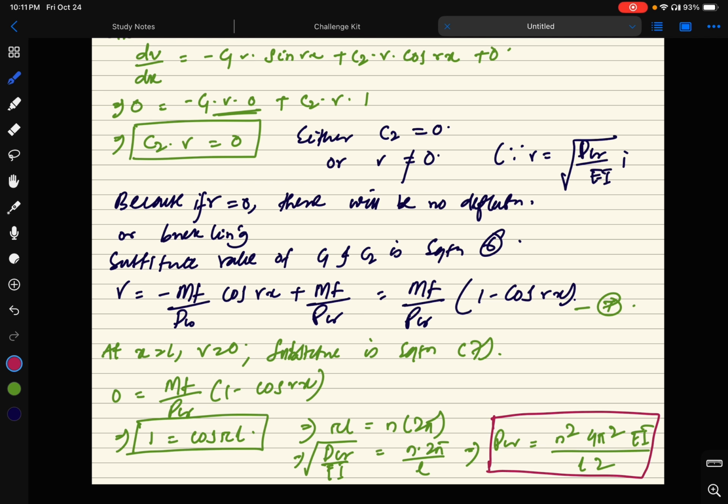So this is the expression for critical load when the column has fixed conditions.